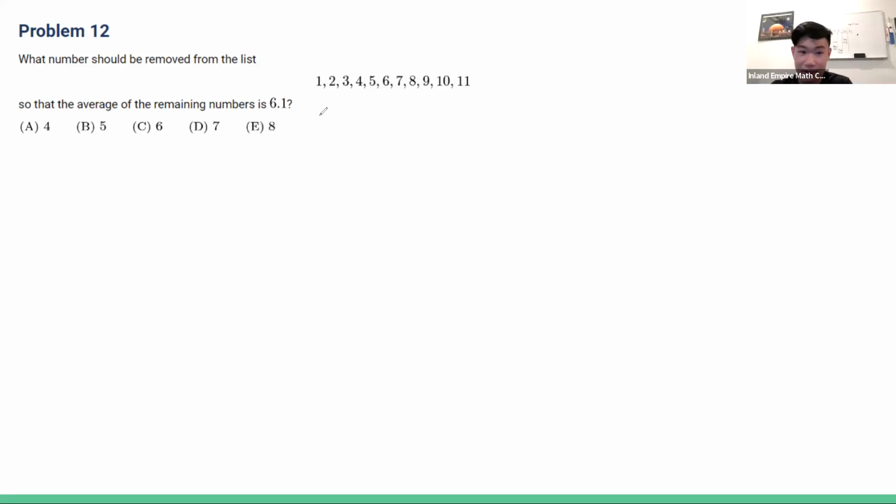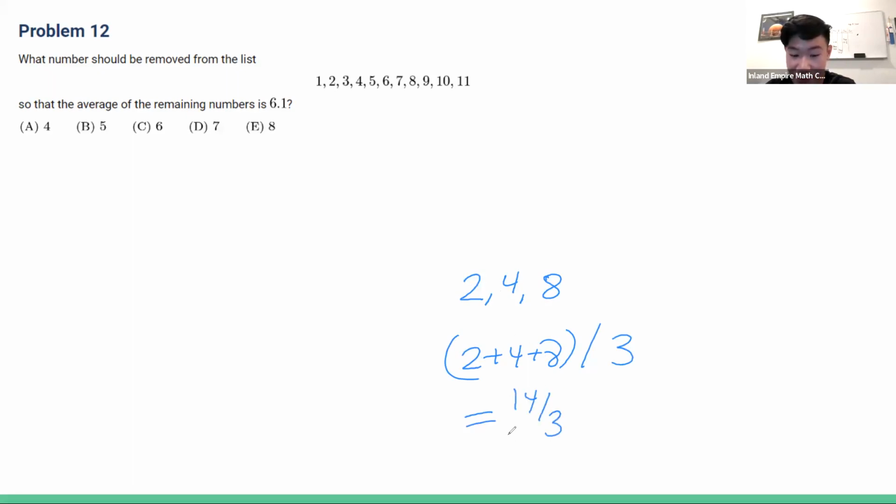So for example, this is unrelated to the list. If I have the numbers 2, 4, and 8, how do I find the average? Well, I would add 2 plus 4 plus 8, and then divide by the amount of numbers, which is 3, because there's 3 numbers. And that would give me 14 divided by 3, and this would be my average of this set of numbers.